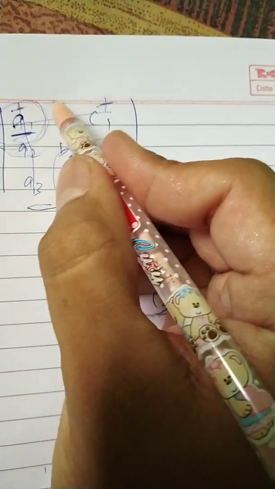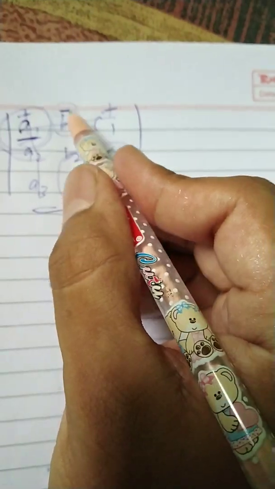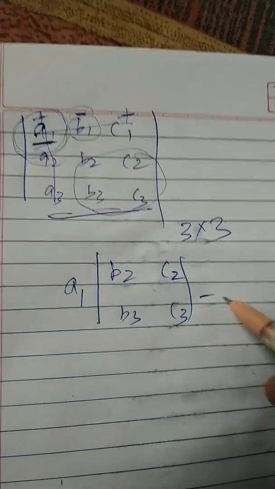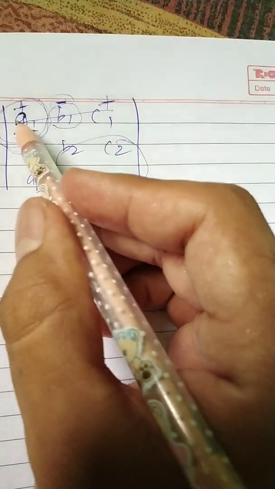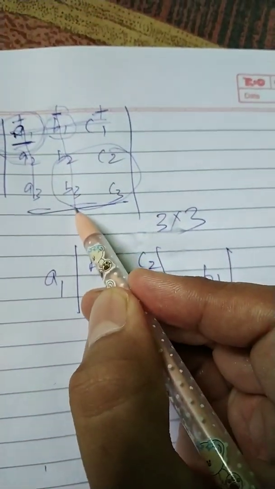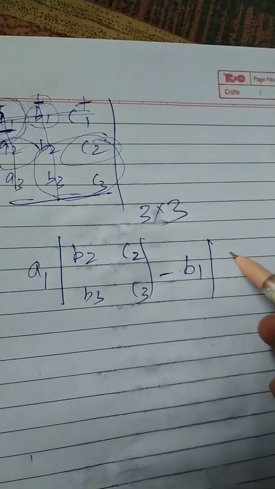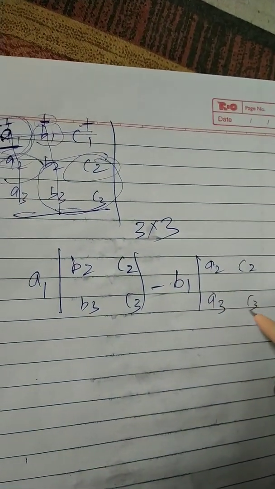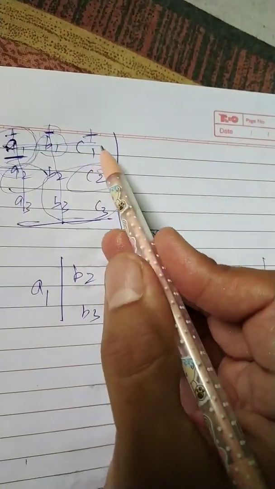Now what is the sign here? Negative. Now we find the determinant for the element B1. Cancel this entire row and this entire column. What is remaining? A2 C2, A3 C3. And then at last we have C1.